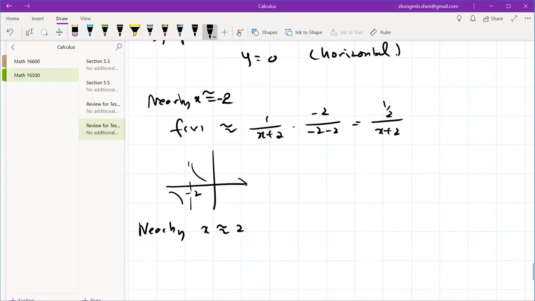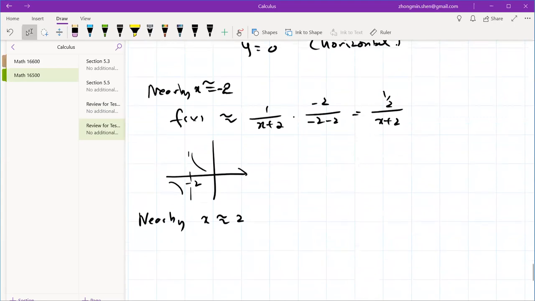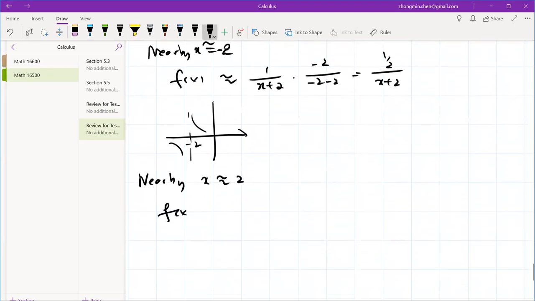Nearby 2, then the function is going to be x minus 2, x plus 2, and x. So it's going to be 2 plus 2, which is 1/2. Right?